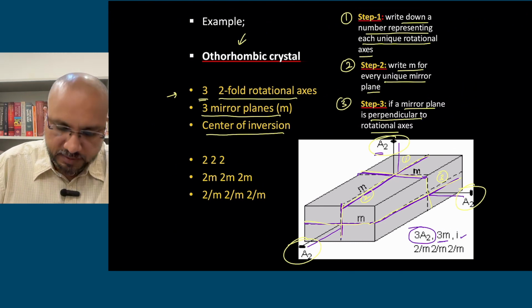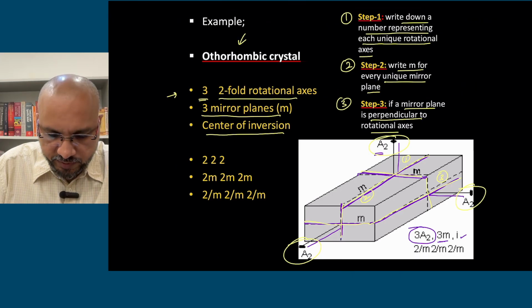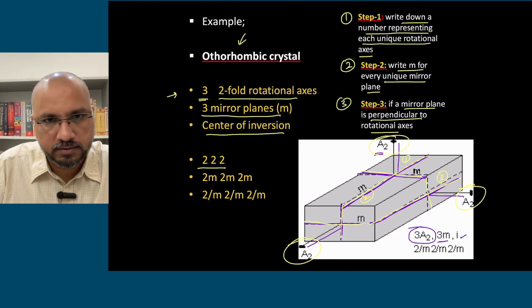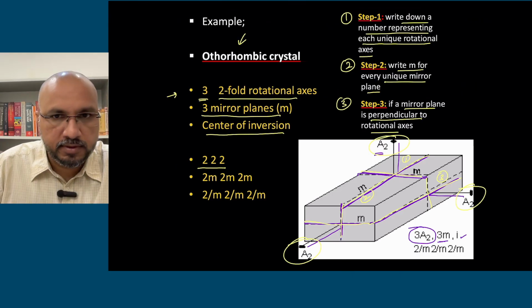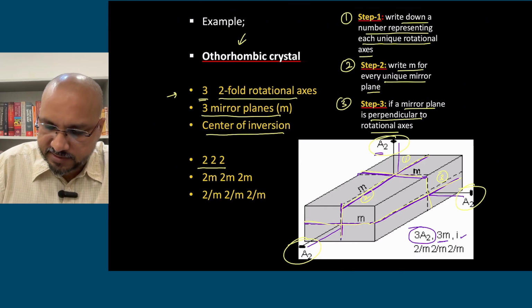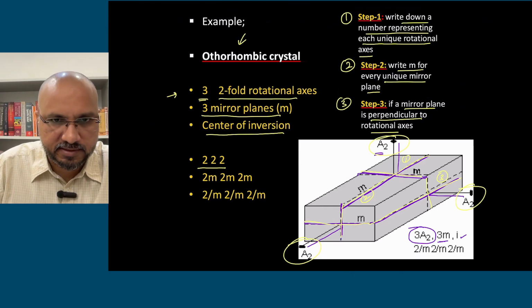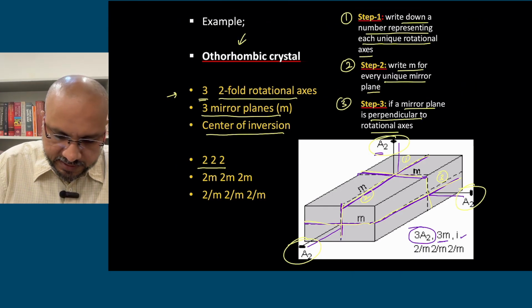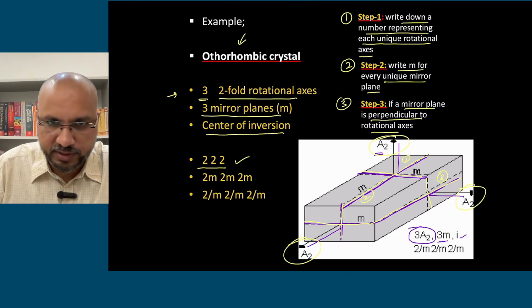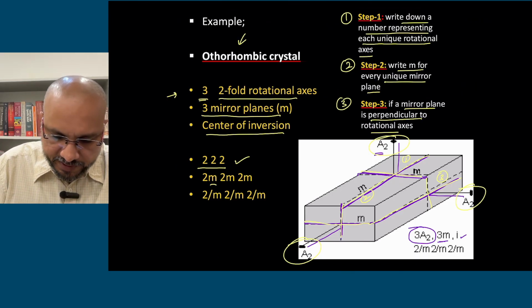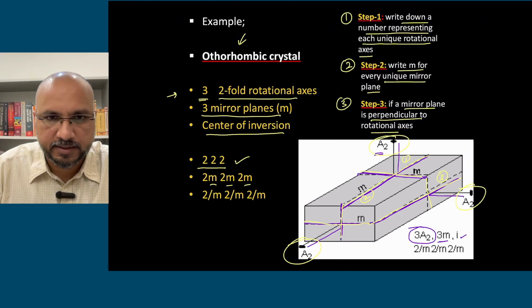Now there are 3 two-fold rotational axes. So you will write 2, 2, 2 for the unique two-fold rotational axes. So this is one unique rotational axis, in the C axis, B axis and A axis, right? So there are three two-fold unique rotational axes, and there are three mirror planes, right?